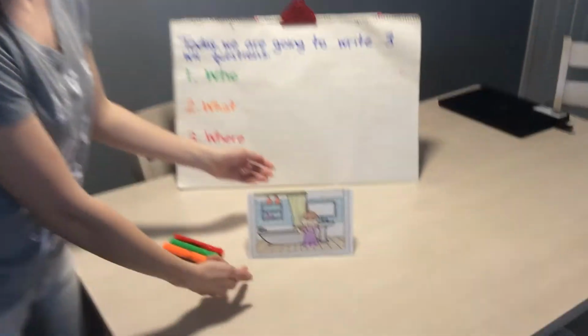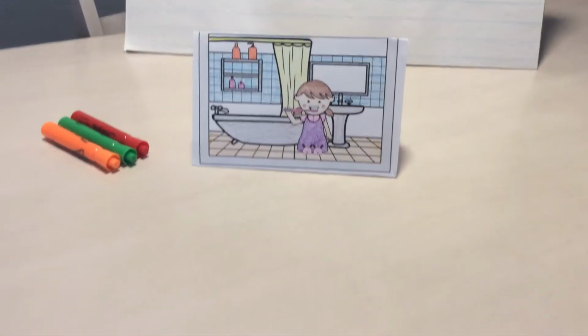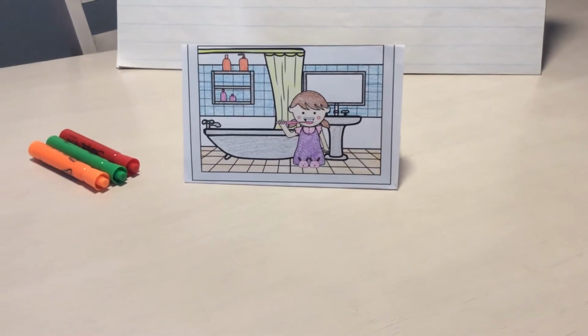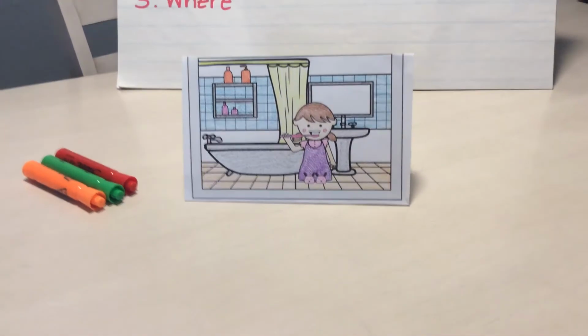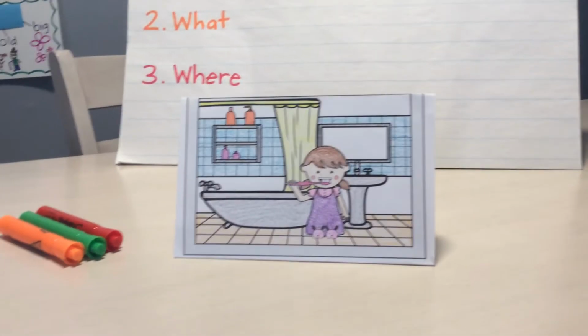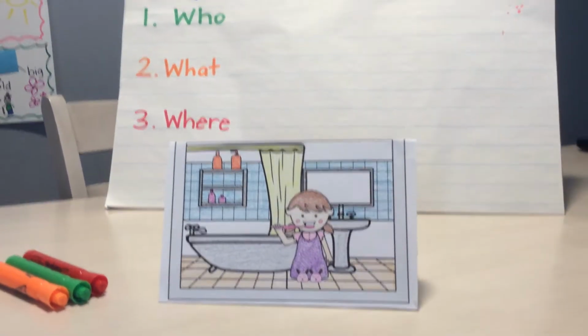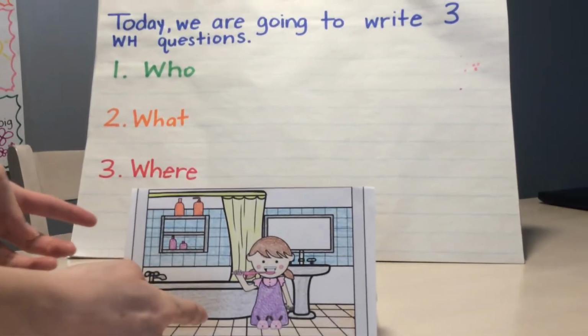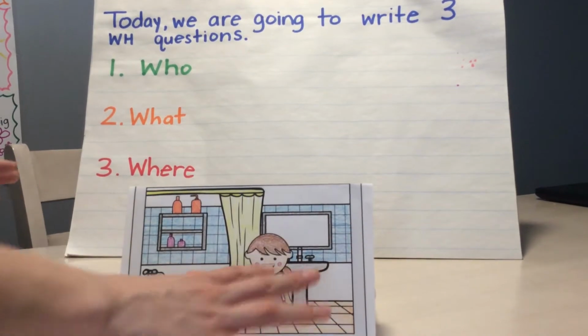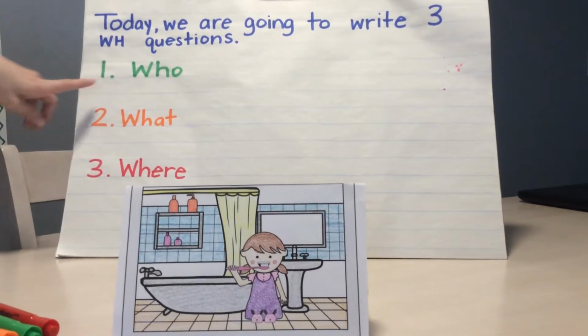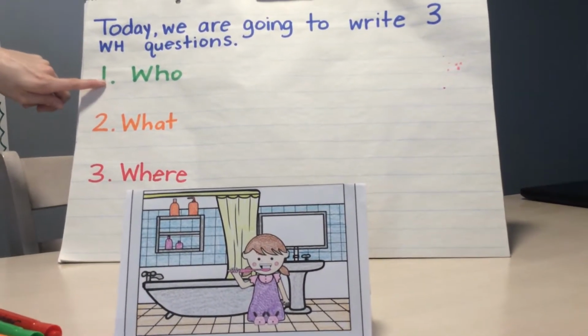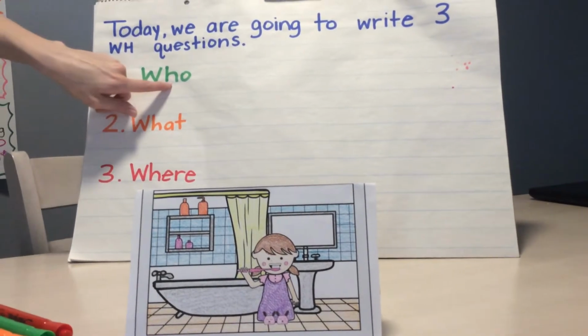Go ahead and zoom in on this picture. We are going to have a very special job. We are going to use those 3 W words to create 3 questions based off of this picture right here. Take a good look at it. Let's look at the first one up here. Number 1, who. Remember, who means a person or animal.